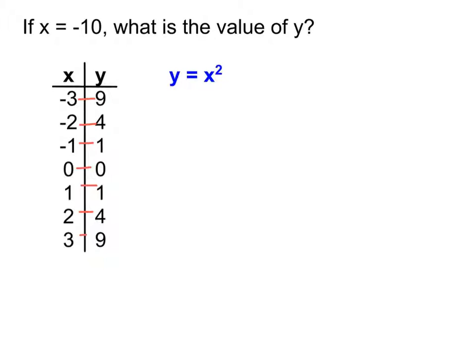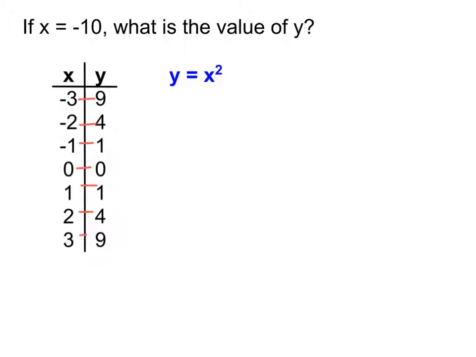But know that sometimes you won't always see it that way. Now, what benefit is there to being able to write an equation for something? It actually lets us answer a question like this. You notice the question up here changed. We want to figure out here, if x equals negative 10, what would the value of y be?